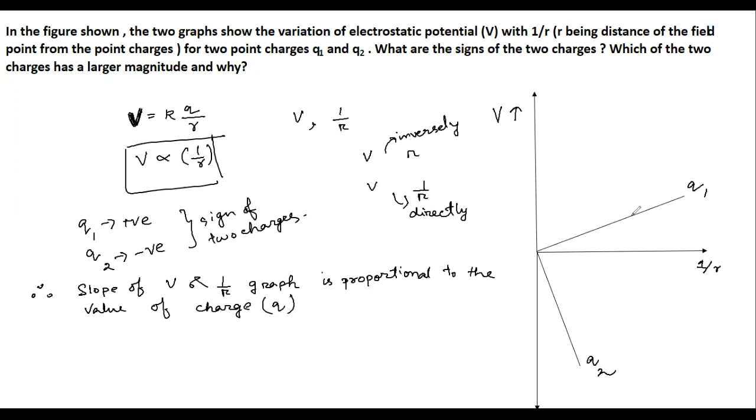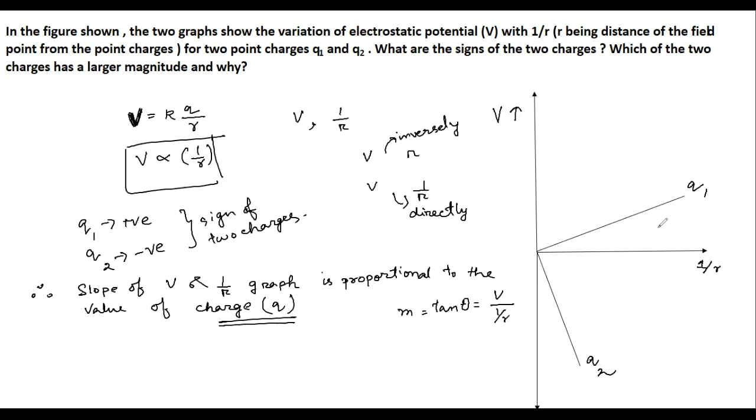Now, if you remember what slope is, the slope is nothing but tan theta, which is again perpendicular by base. So when you find the ratio between potential and 1 by R value, that will provide you the magnitude of the charge.